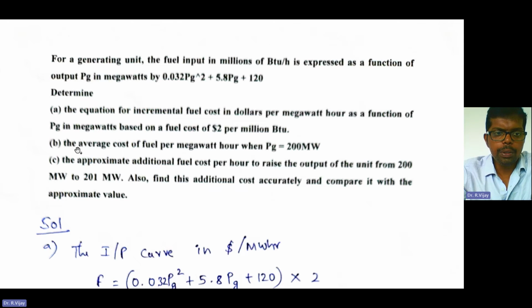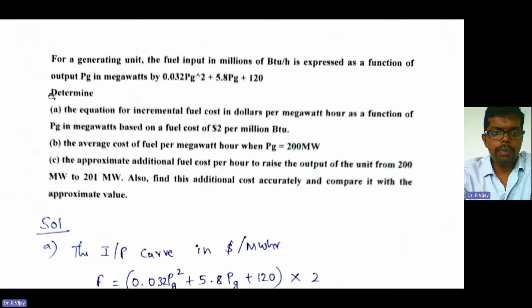Next, we need to determine the average cost of fuel per megawatt hour when PG is equal to 200 megawatt. Next, the approximate additional fuel cost per hour to raise the output of the unit from 200 megawatt to 201 megawatt. Also find the additional cost accurately and compare it with the approximate value.